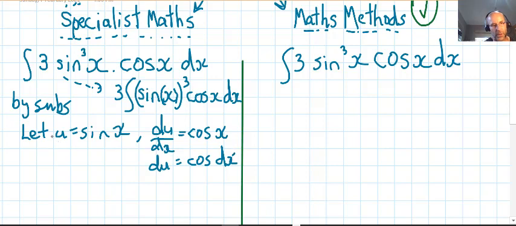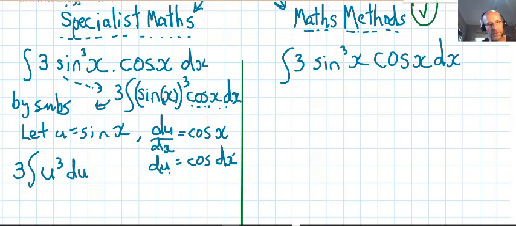Now hold that thought for a minute. Also, once we've made that u substitution, u equals sine x, from this line here we can say it's 3 times the integral of u cubed. Now, instead of writing cos x dx, we can just write du. Now we're integrating in regards to u, and it's a very simple one.